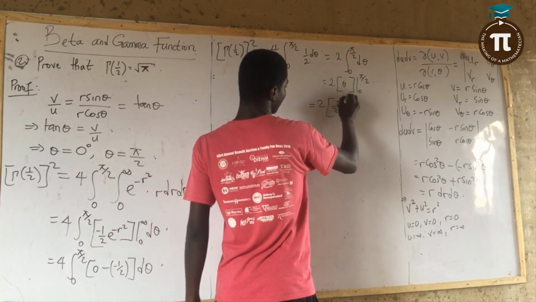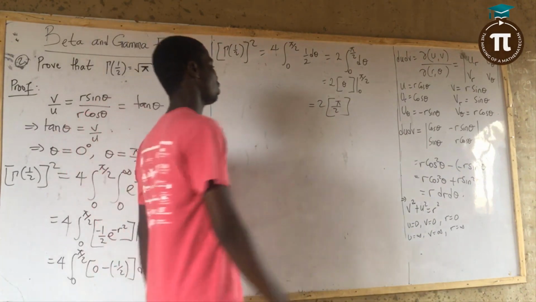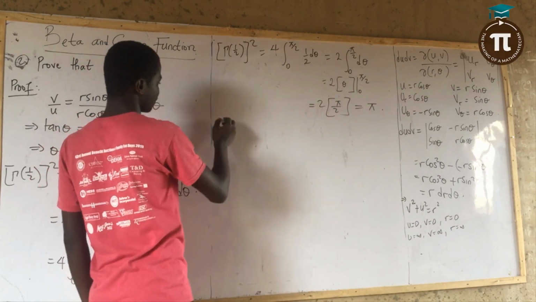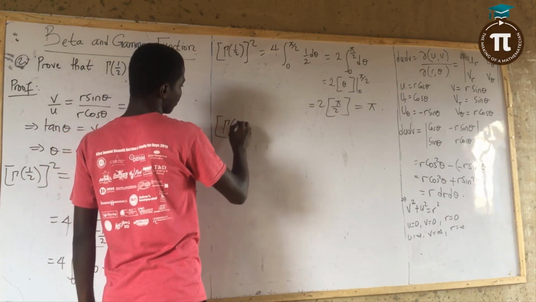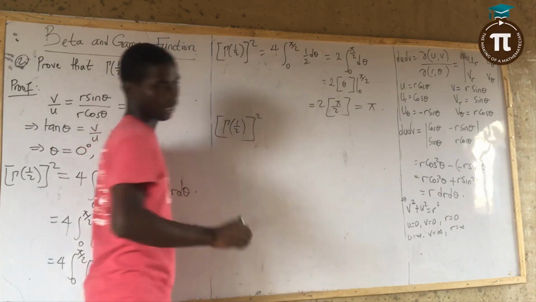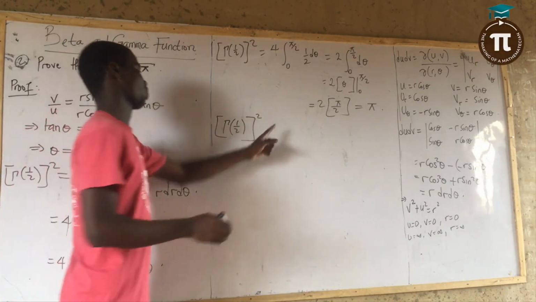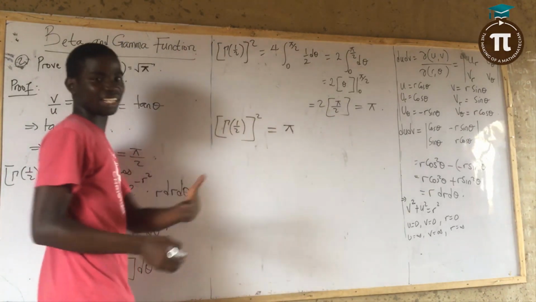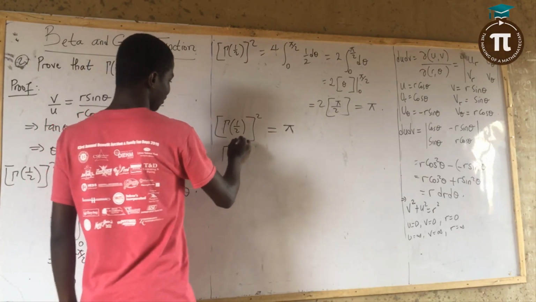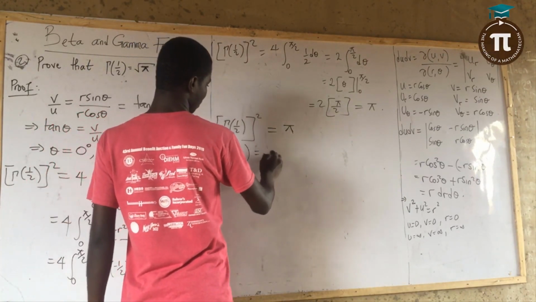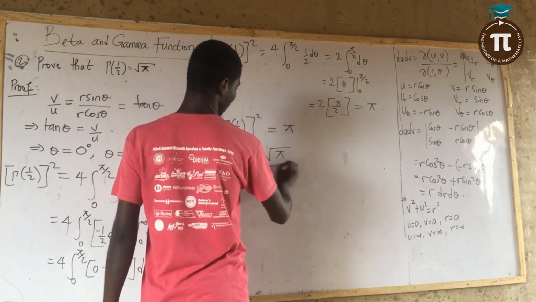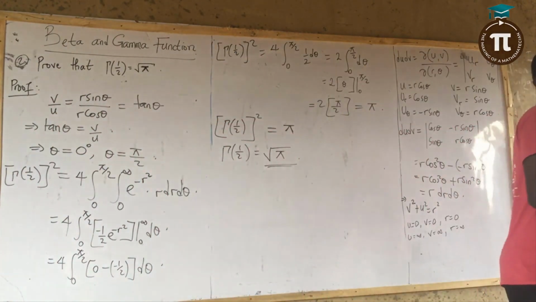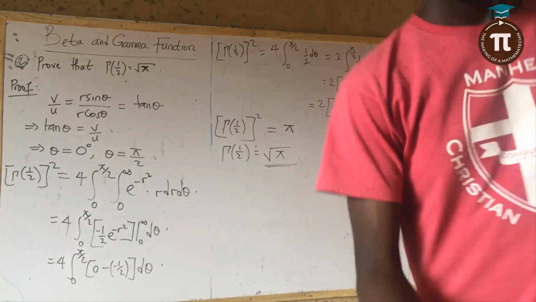By the time you put pi over 2, you will get 2 times pi over 2 minus 0. 2 cancels 2, you will be left with pi. So that means that the gamma function of 1 over 2 all squared is equal to pi. Take the square root of both sides. Gamma of 1 over 2 is equal to root pi. And that is for gamma of 1 over 2.